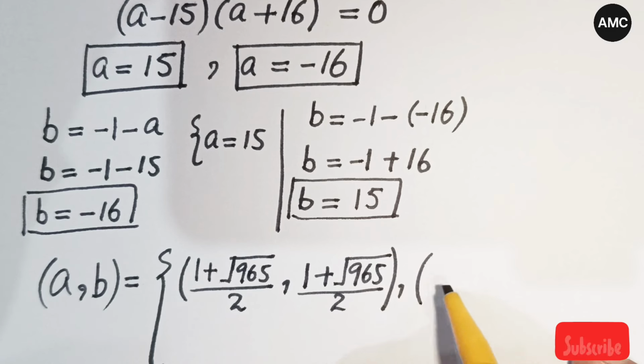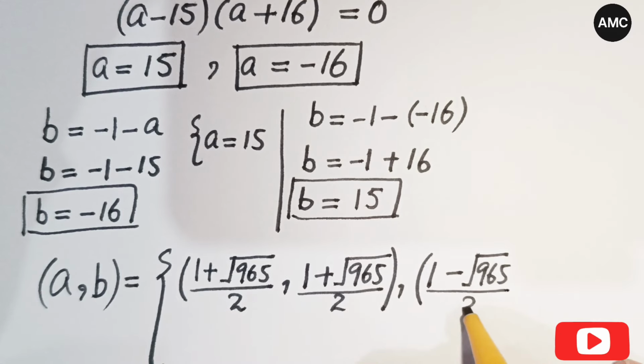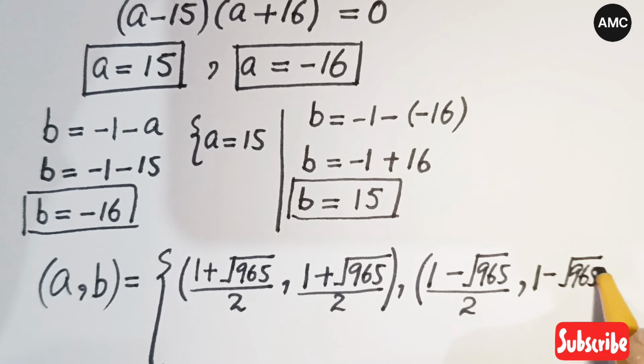Now the next pair is a equal to (1 minus square root of 965) all over 2, and similarly the value of b is (1 minus square root of 965) all over 2.